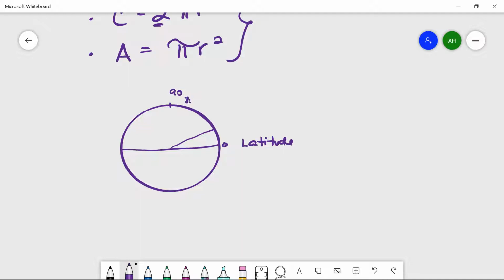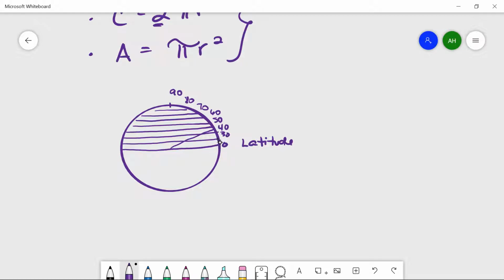That'd be 80 and 70 and 60 and 50 and 40. All right, we've got these lines of latitude that measure each of those degrees. These lines are all 10 degrees apart, and that helps us figure out how far north or south we are.